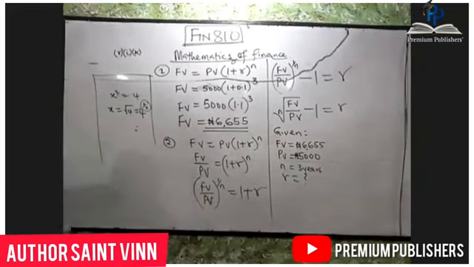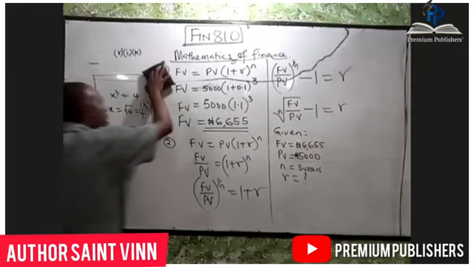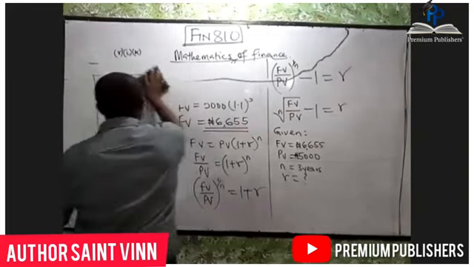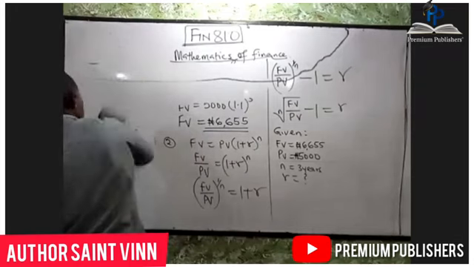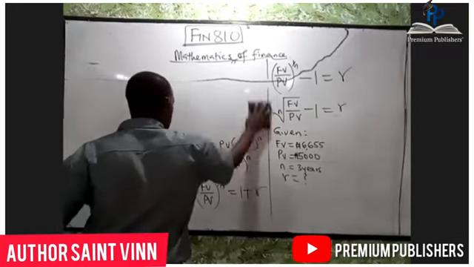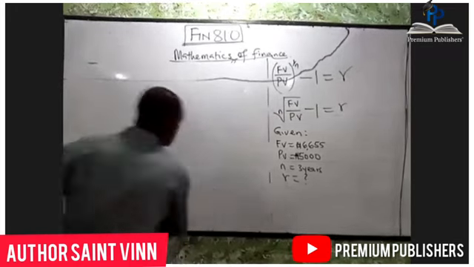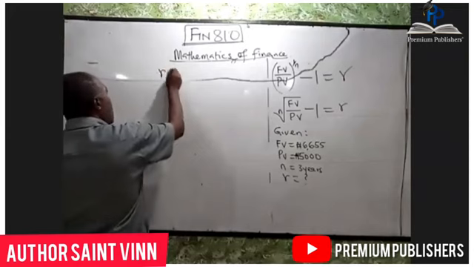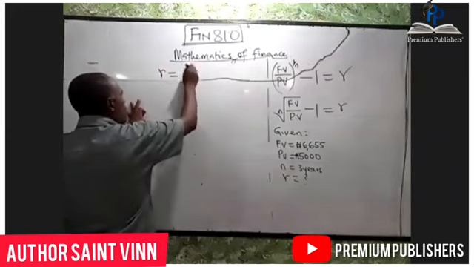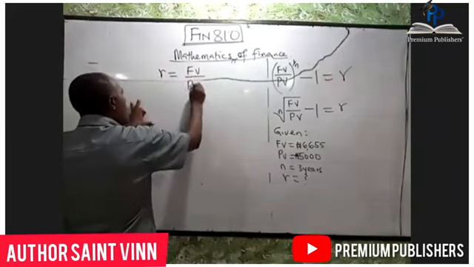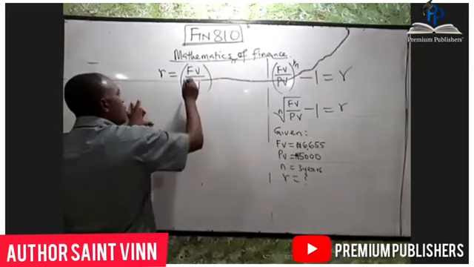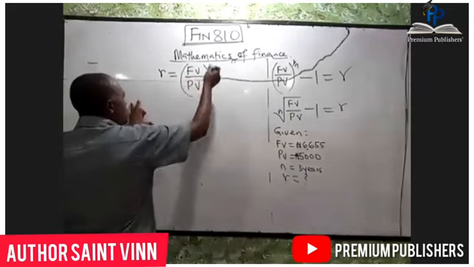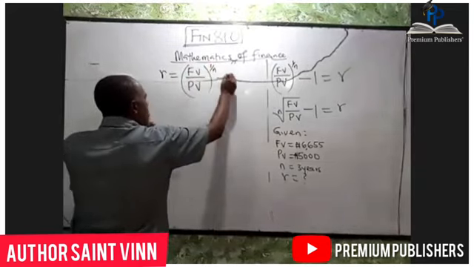All we need to do is to remember our formula. Our formula is defined as R equal to future value all over present value, all raised to 1 over n, minus 1.